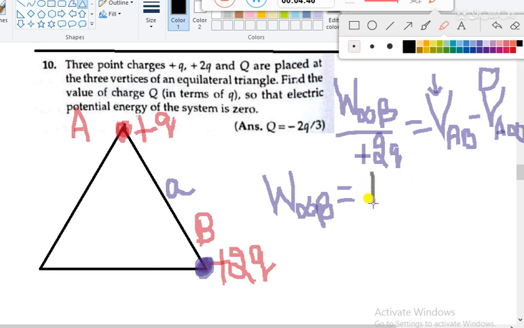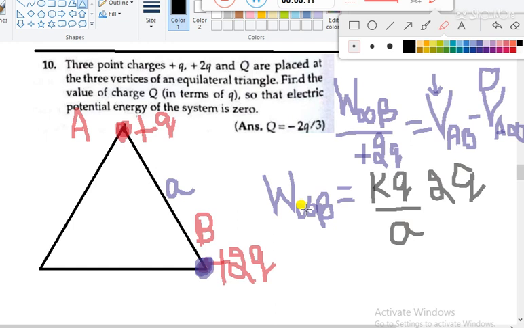Its value is k, which is 1 by 4 pi epsilon naught, so k into plus q, because this charge A is plus q and the distance is a. And for work done, this plus 2q will multiply here. So this is the amount of work done.